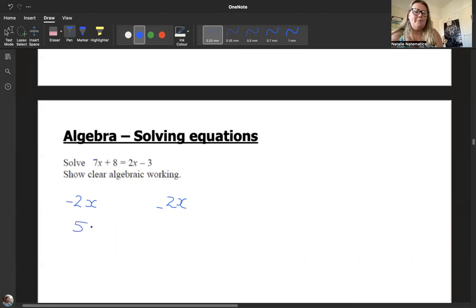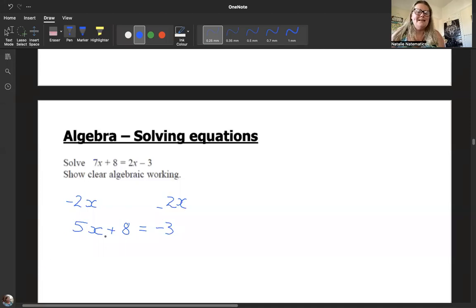Now remember, when you've got a number on its own, the only thing you can do with that is change it or combine it with another number on its own, okay? So we can't just say 5x plus 8 is 13 or anything. Just an 8 there. Now, we've taken 2x off this side. We've got a minus 3 left.